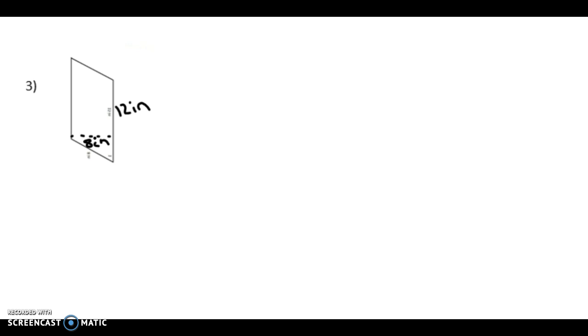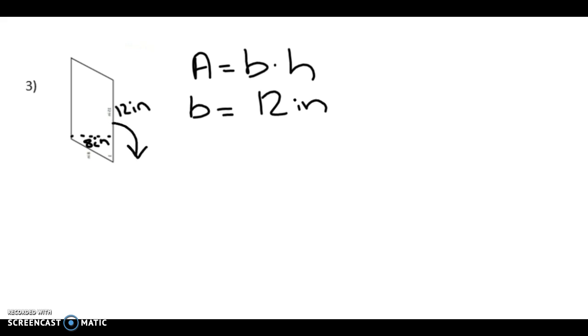Alright, on this parallelogram, it's turned. Okay? So you've got to think about which one is the base, which one is the height. In this case, the base is the 12 inches, because if we turned it back, we put this down here, that would be the base. And the height's passing through the center, so that's our height, 8 inches.